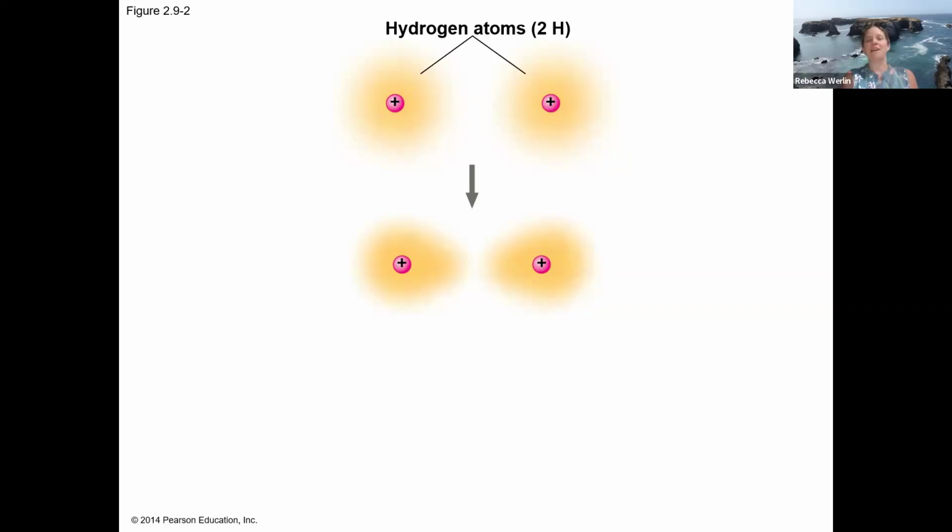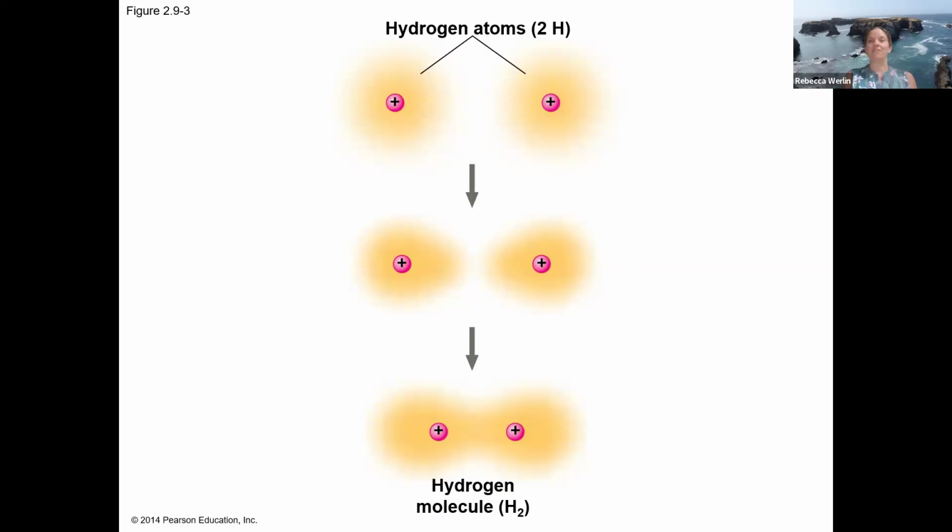As you can see, as these two protons, the nuclei of the atoms, move closer together, the electrons eventually start interacting with both. Instead of simply surrounding a single proton, they now spend part of their time around both. And that orange cloud is now surrounding both protons. And now you have a hydrogen molecule. That is a covalent bond.